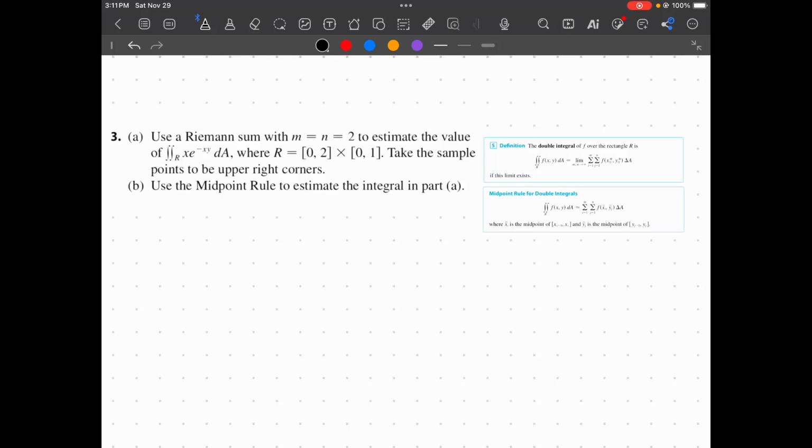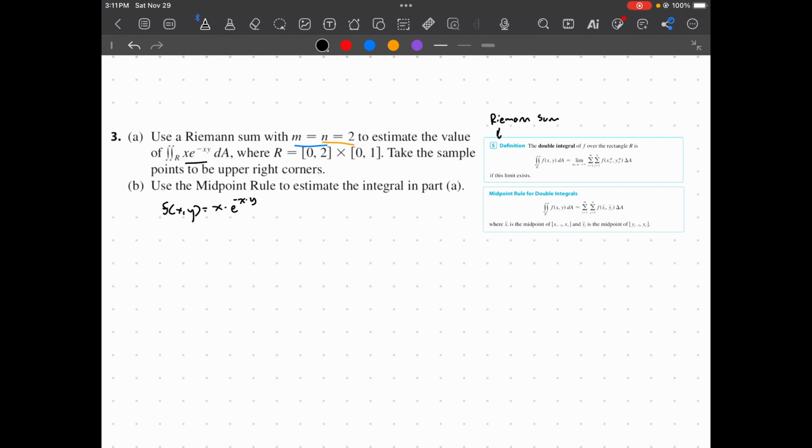For part A, we need to do a Riemann sum, which is represented here by definition number 5, where we know that m equals n, which is equal to 2, and we need to evaluate this double integral, which describes f of x y to be equal to x times e to the negative x y.